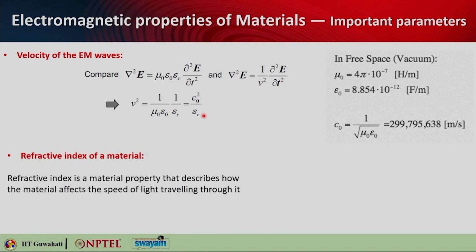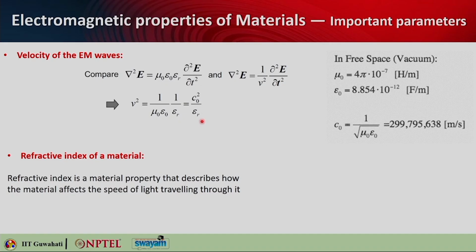Now why am I showing this slide again? Because this slide gives you a very important parameter in the optics and photonics domain, which is called the refractive index of a material. So if you take the square root on both sides, you will get v equals c naught over square root of epsilon r.